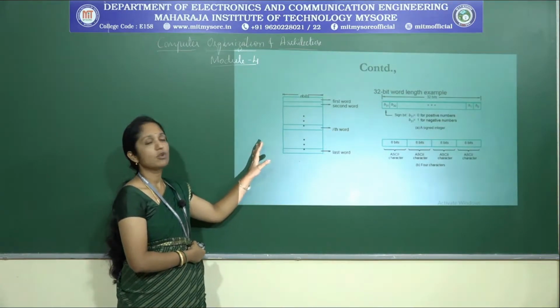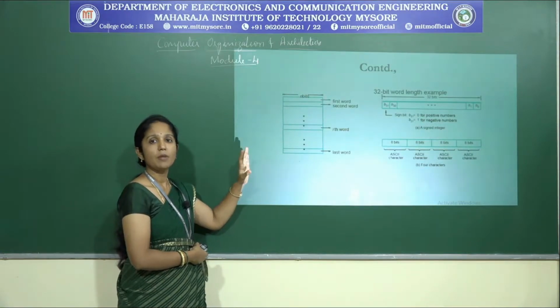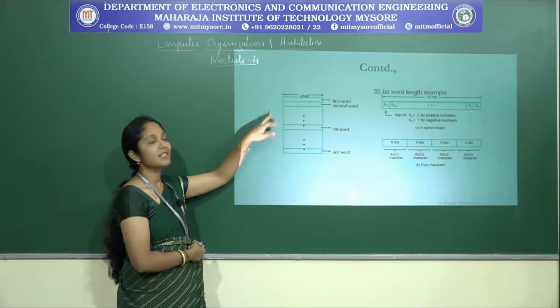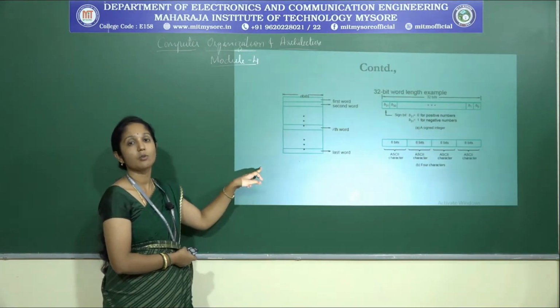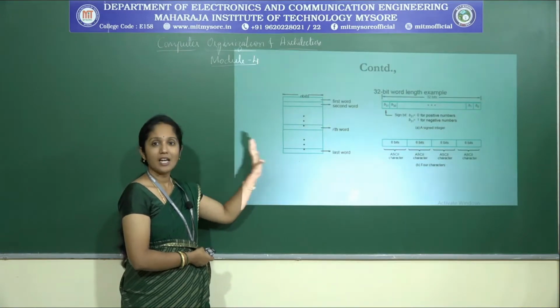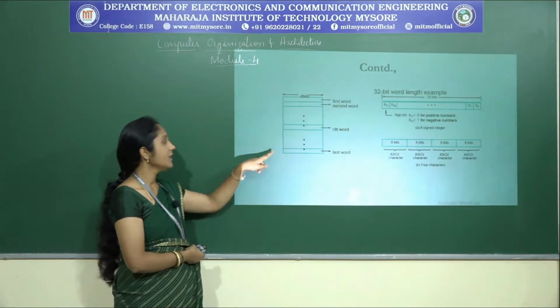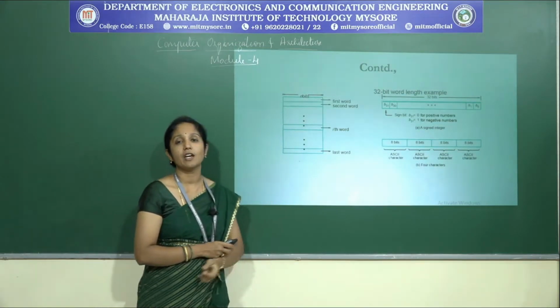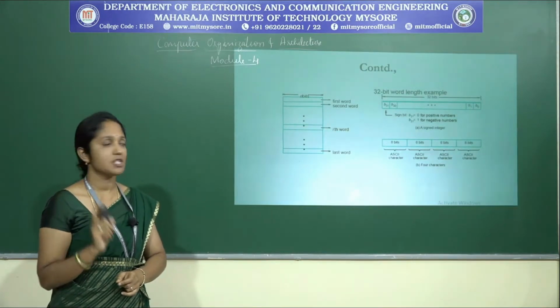So you will have 2 to the power k total capacity or total memory space. The address for the first one will be 0, and for the last one it is 2 to the power k minus 1. So that is the range, but if you consider the word address and assume it is a 32-bit computer, then the last word will have an address of 2 to the power k minus 4, that we have seen in the first module.